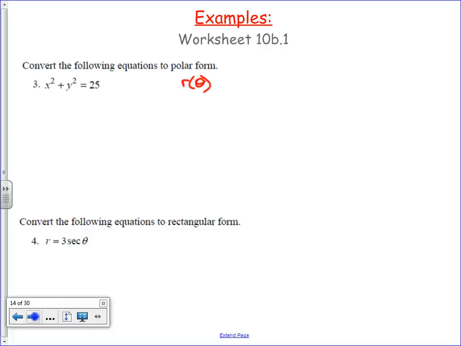You could say, wait a minute, x squared plus y squared equals r squared. So I could just say r equals 5, so r of theta equals 5. Done. Wait, that was way too easy. Hold on, is there another way? Kiddos, look at your conversions. What does x squared plus y squared equal?